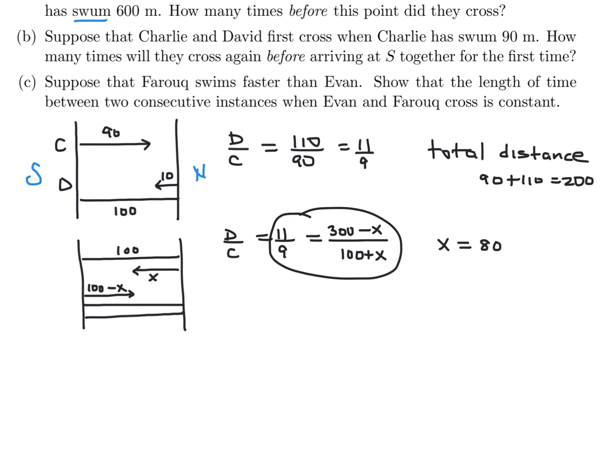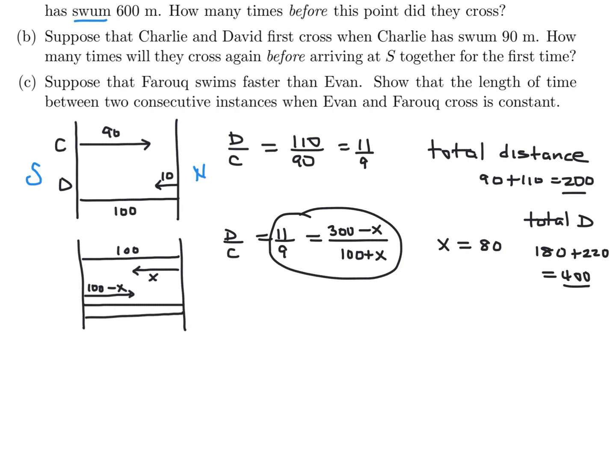Okay. And then the total distance traveled. If X is 80, then it's going to be 180 for Charlie, and for David, 220. And that is a total of 400. Okay.